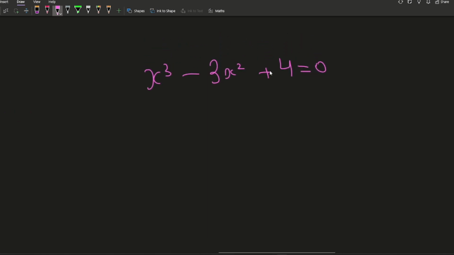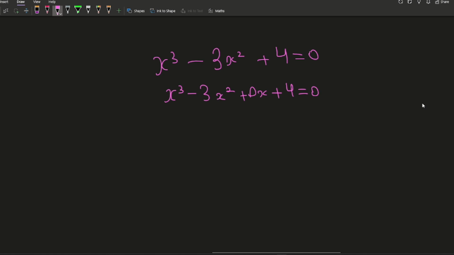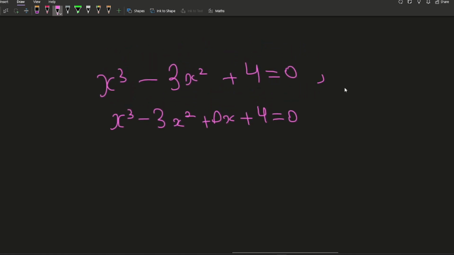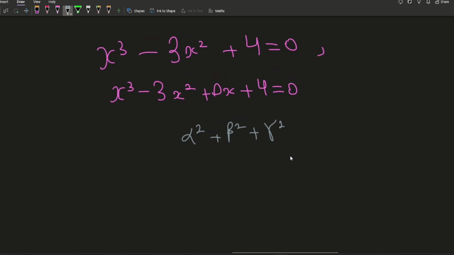We have no x term here, so we will rewrite the equation and add the x term with the coefficient 0: x cubed minus 3x squared plus 0x plus 4 equals 0. Now our objective here is to find the sum of squares of roots, which is alpha square plus beta square plus gamma square.